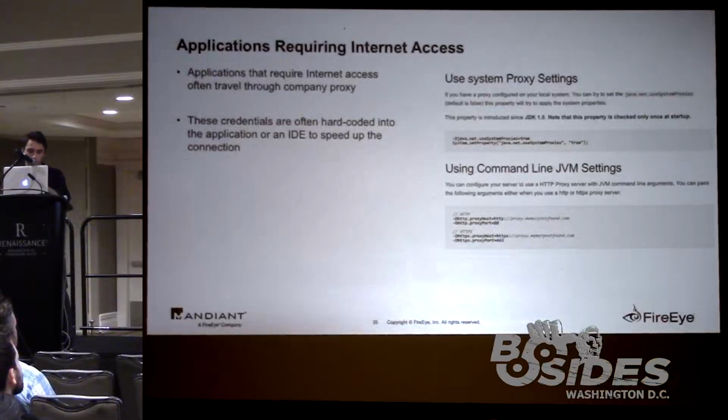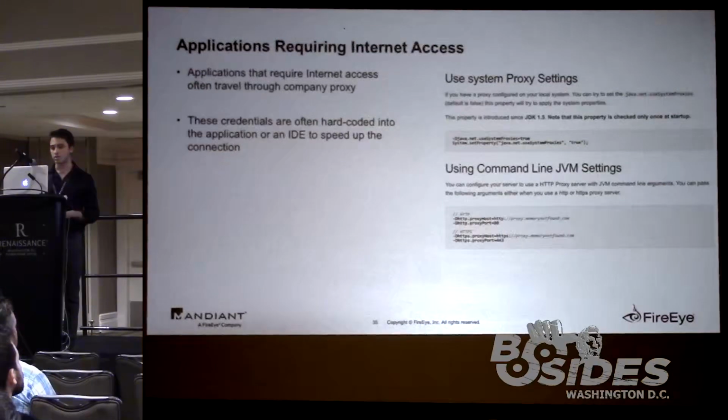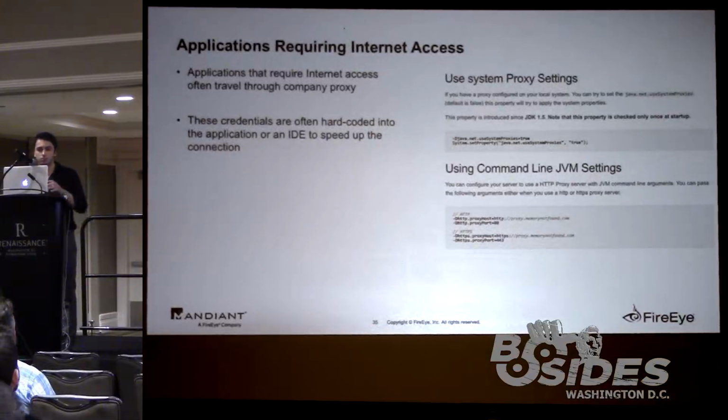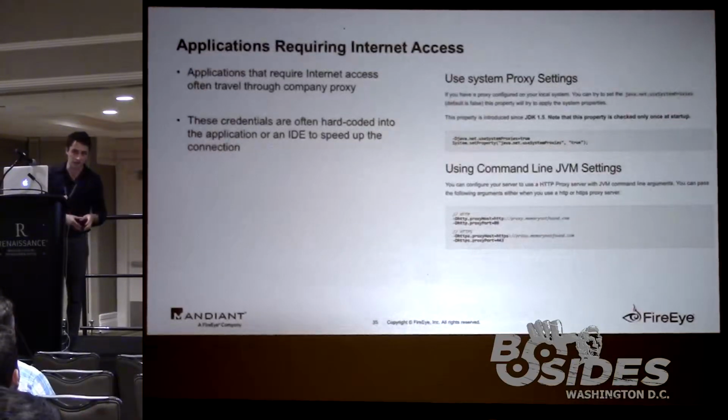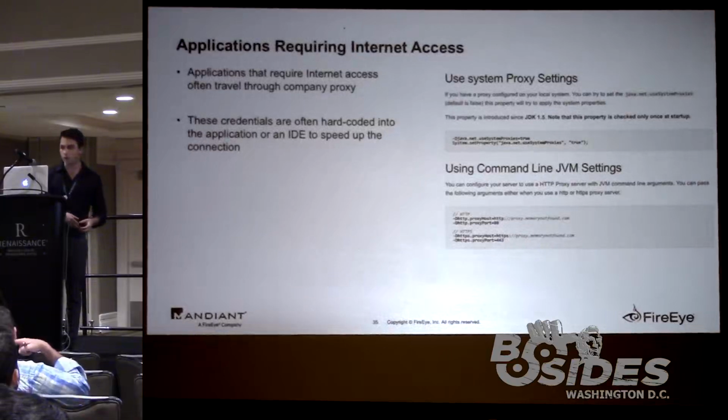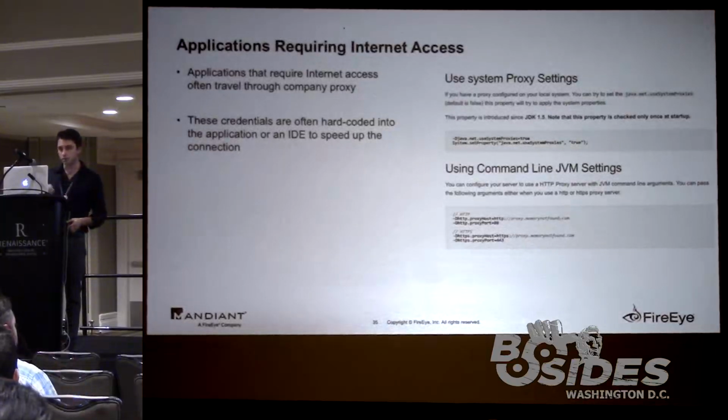So these are a couple of instances on the right. You can use system proxy settings or command line JVM settings to pass in the proxy information. Basically, what developers will do is put the credentials for the proxy in their IDE, so that when the application is running, the JVM gets those arguments and it'll just be able to go through that proxy seamlessly.